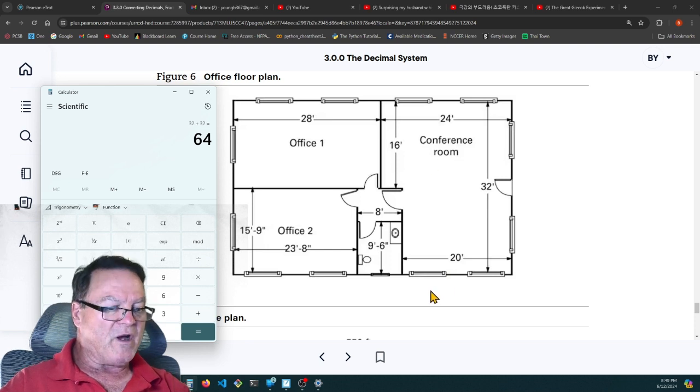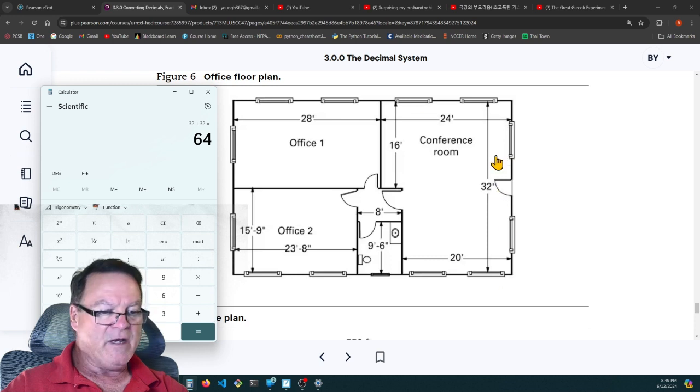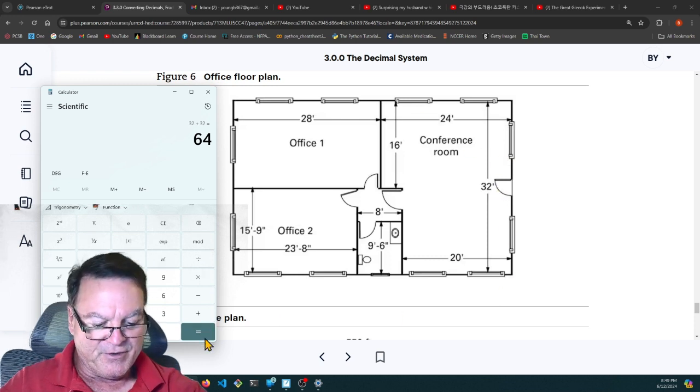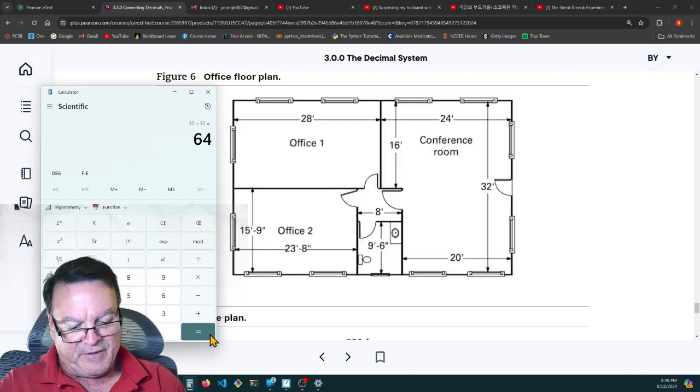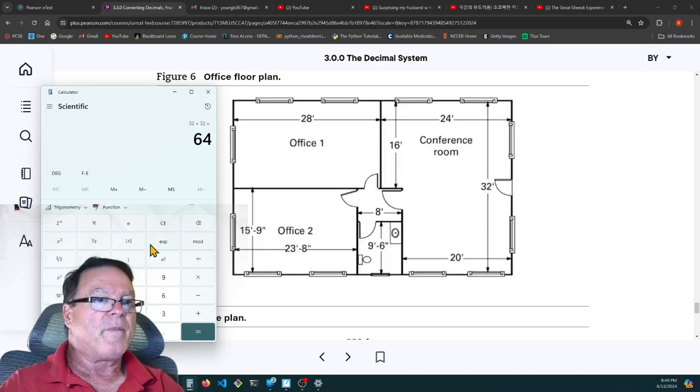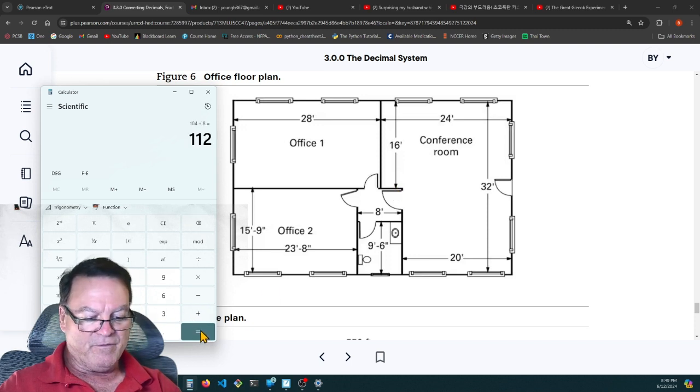So now the big room, the conference room, is 20 by 20 by 32 by 32. Put that down here. So 32 plus 32, which is 64, plus 20, 84, plus 20 is 104. So this big room is 104 feet, plus these two 4-foot wall spaces here is another 8 feet, so plus 8 is 112.